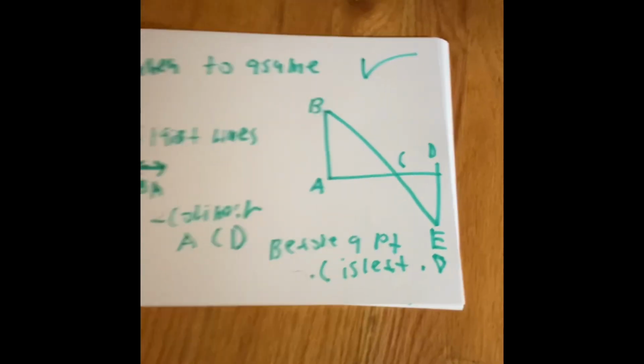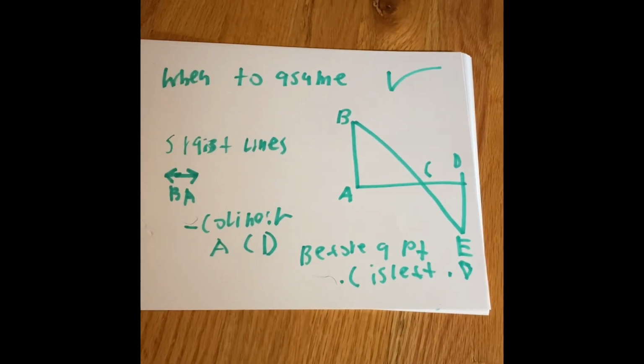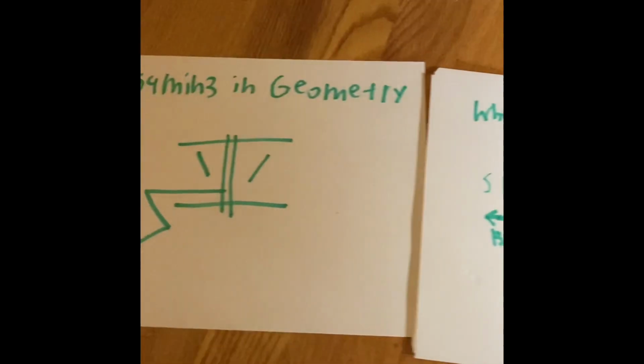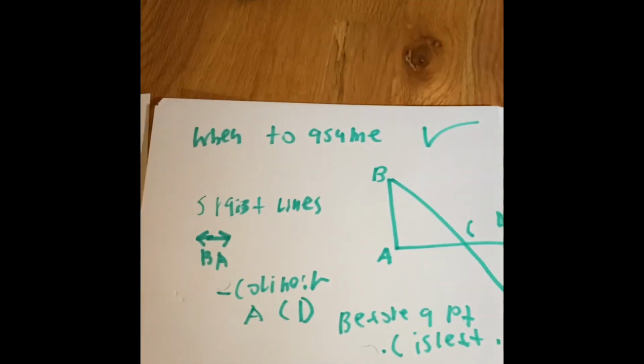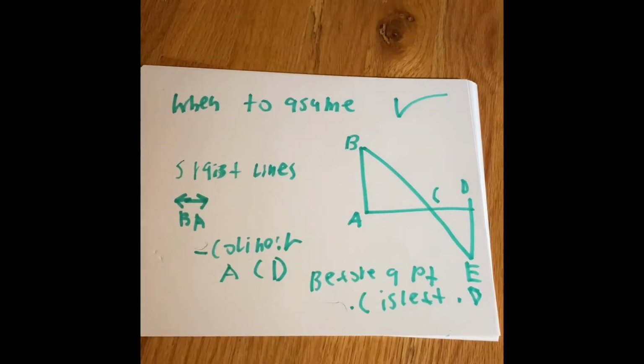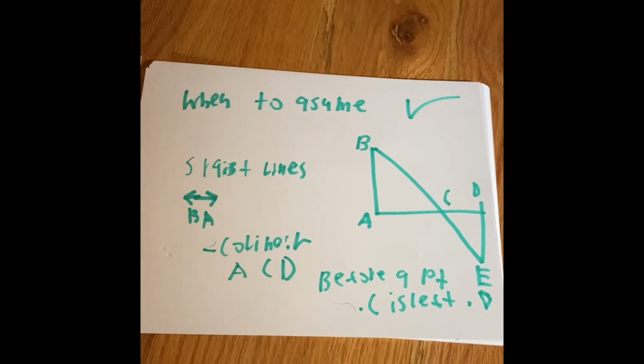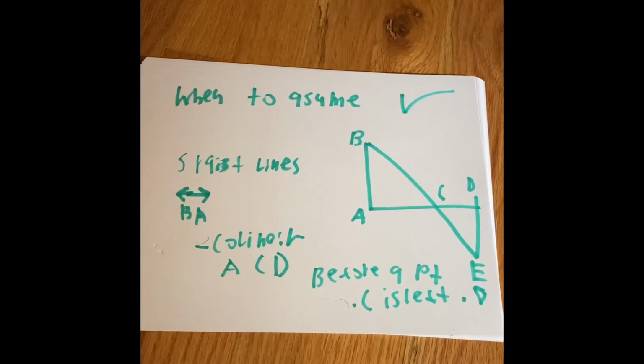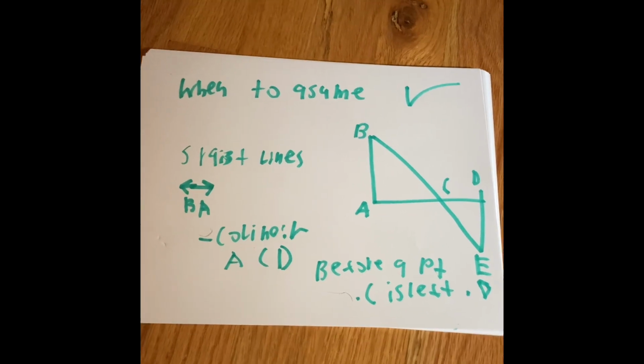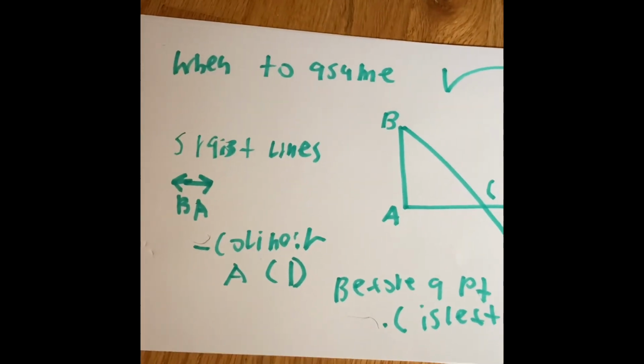So here are some examples of when to assume things for geometry. Assuming these kinds of examples will help us further with logical thinking and also find what we need to find and where we need to go. We can use and assume straight lines.